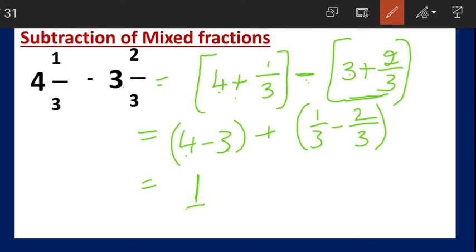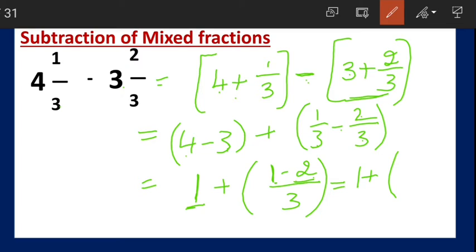That means here we have 1 whole. If you observe 1 by 3 minus 2 by 3, like fractions are there. So in case of like fractions, we can write like this, 1 minus 2 by 3. And observe that 1 minus 2, in case of integers, we know that 1 minus 2 is nothing but minus 1.